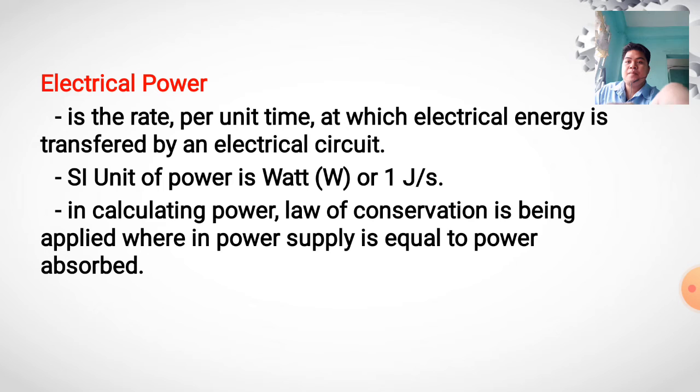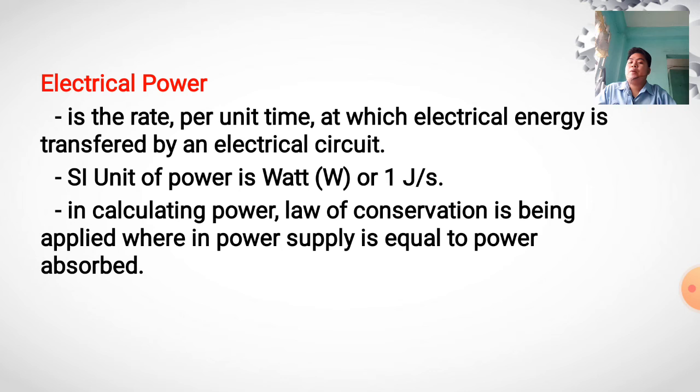Okay. Now we proceed to electrical power. Electrical power is the rate per unit time at which electrical energy is transferred by an electrical circuit. The SI unit of power is the watt, which is equivalent to 1 joule per second.